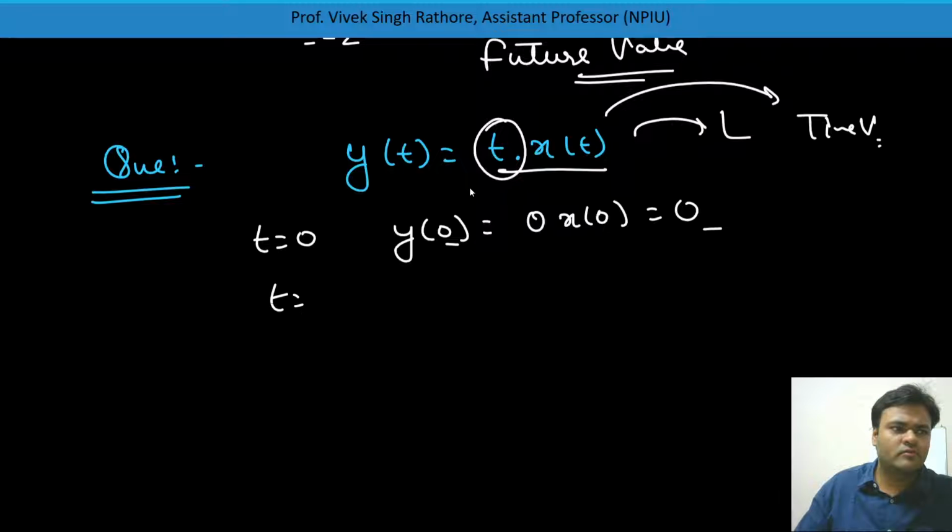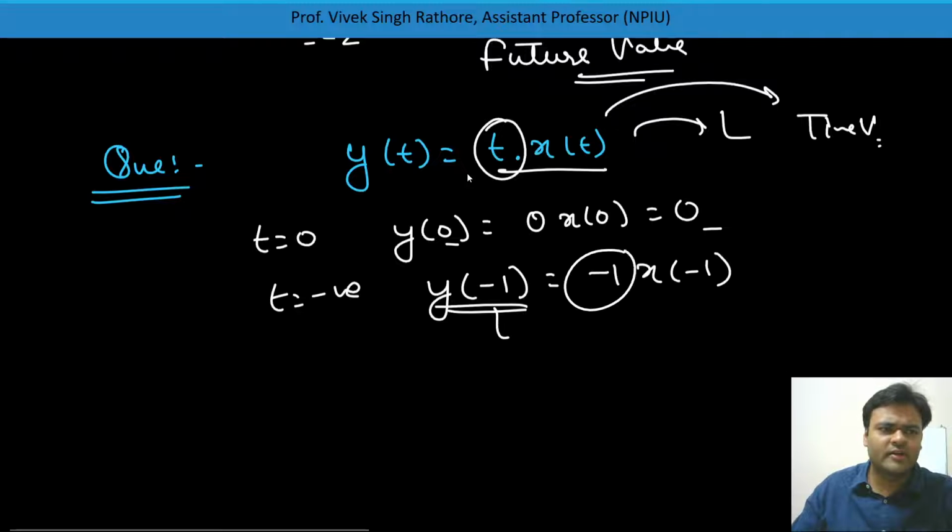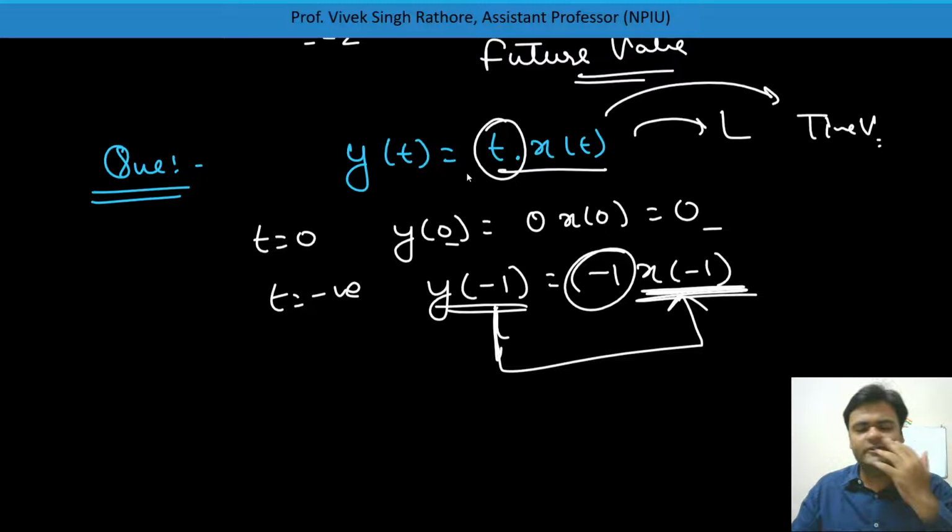For t is equal to minus 1, we will get y of minus 1 equal to minus 1 times x of minus 1. So ultimately, whatever the amplitude will be, the output is dependent upon the input signal. It is not dependent upon a future value, it is dependent on the present value only.